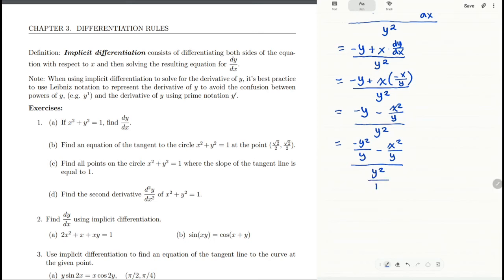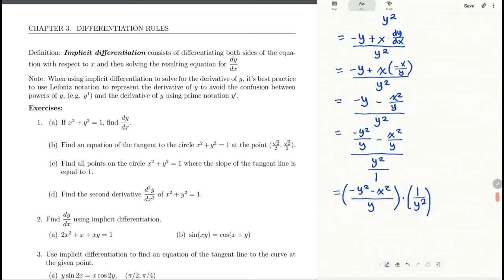So we'll multiply by the reciprocal of the denominator. So now we can combine the two fractions as negative y squared minus x squared all over y. And then we multiply this by 1 over y squared.